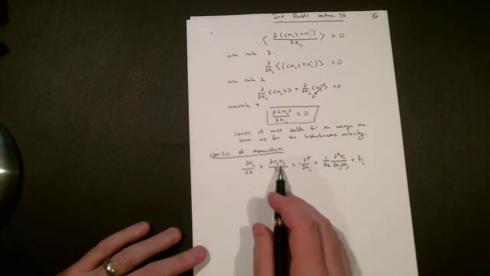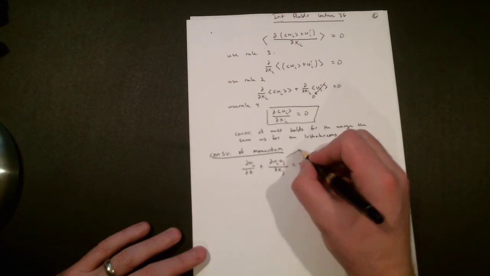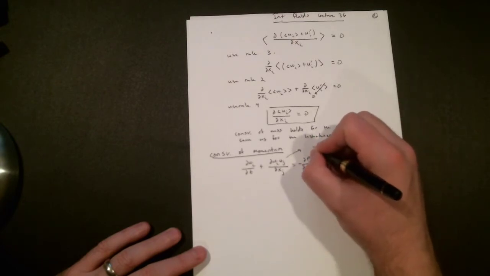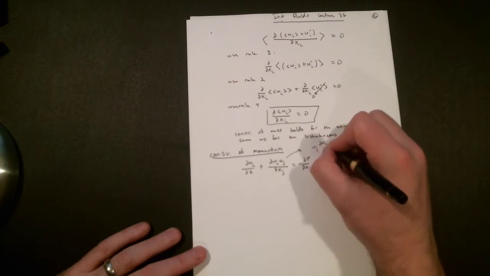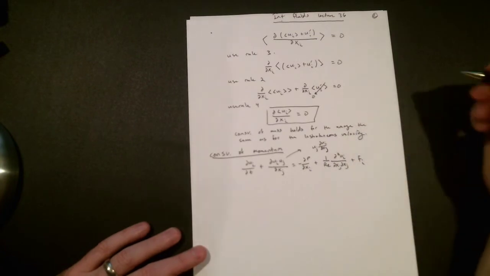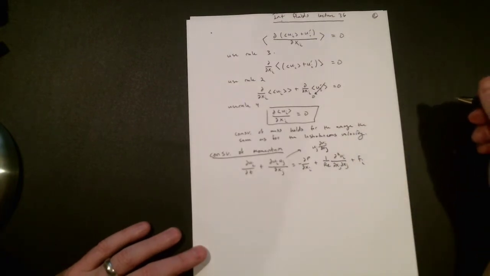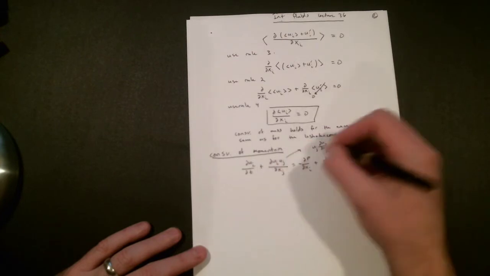Here we've moved the two terms together. Usually we write this out as uj ∂ui/∂xj, but we can use our product rule to show this. If we do the opposite, let's take this one and expand it.